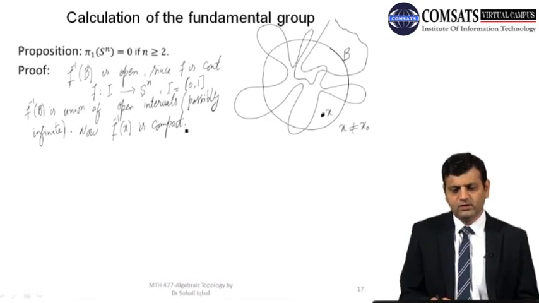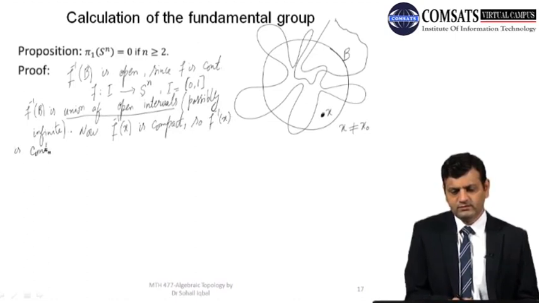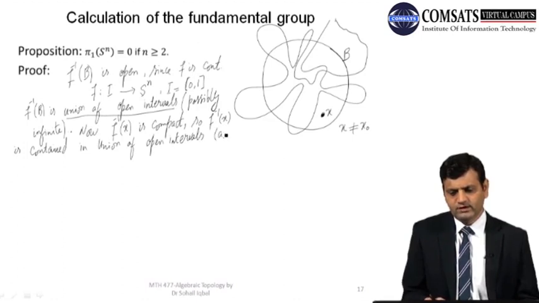Okay, so if it is compact, the inverse image f inverse x will be contained in this union of open intervals. So f inverse x is contained in a union of open intervals, so let's say these open intervals are ai, bi.